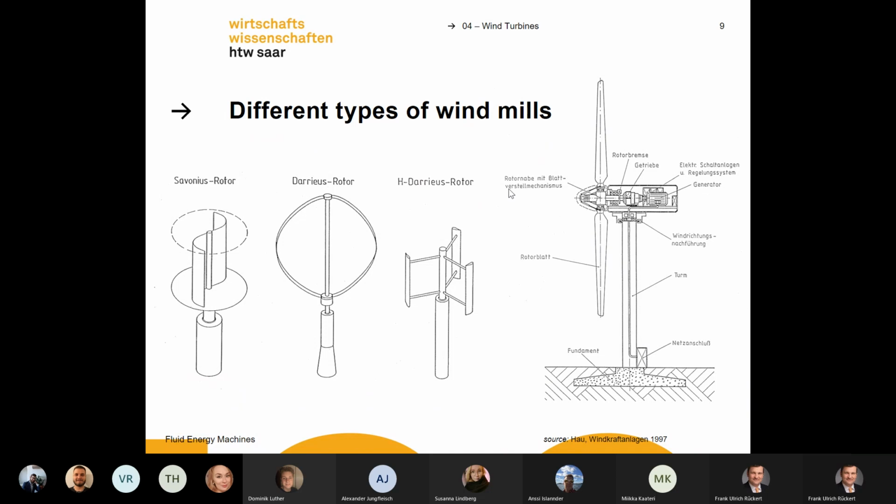I see, unfortunately, it's written in German. I will add some translations on this slide. Maybe you can learn a bit of German here too.